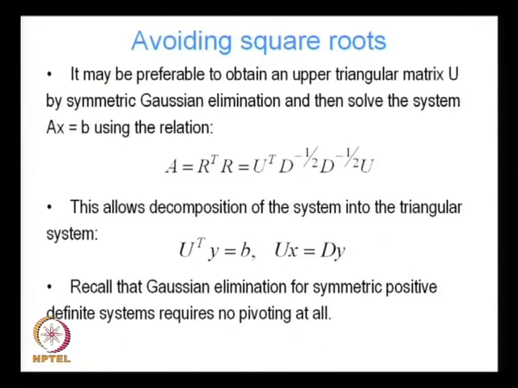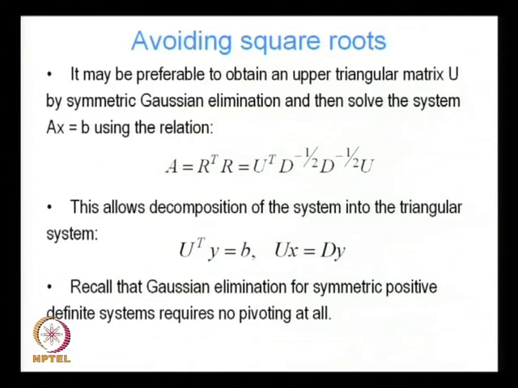So, we are taking advantage of the fact that for a symmetric positive definite matrix, instead of A is equal to LU, you can write A is equal to R transpose R, without having to compute the square root, which makes the Choleski decomposition expensive. Why don't we have to compute the square root?